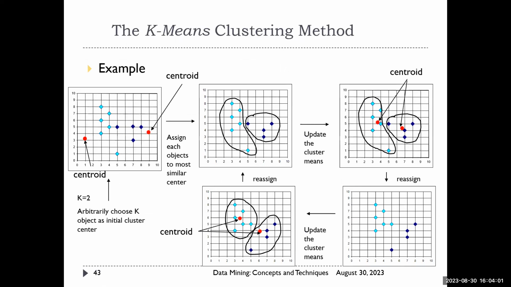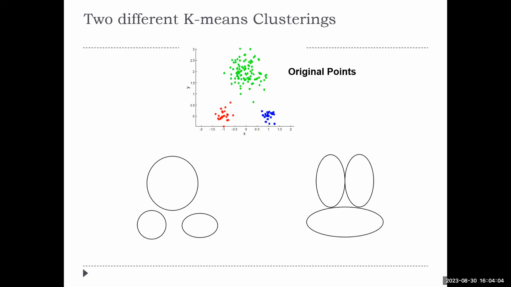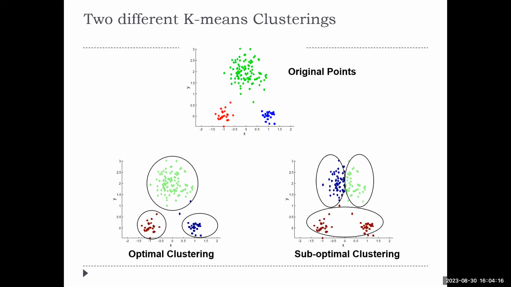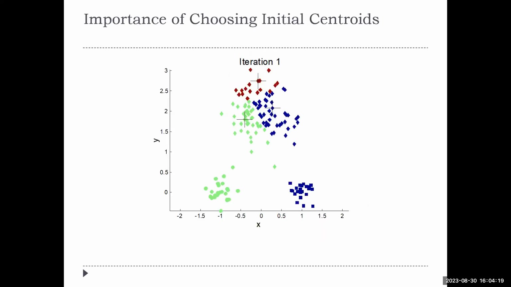But this is another example. So in this one, you see that there are 3 clusters. Optimal clustering. Sometimes you may get suboptimal clustering as well. This is just a visualization. So in this scenario, we pick 3 points. You see those 3 points right here. So if we assign the points to this, so this red will go assigned to this one.